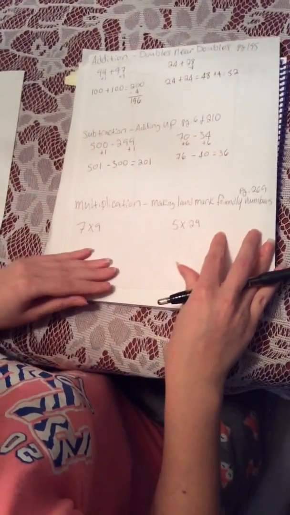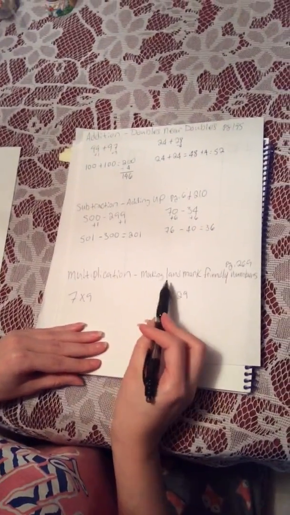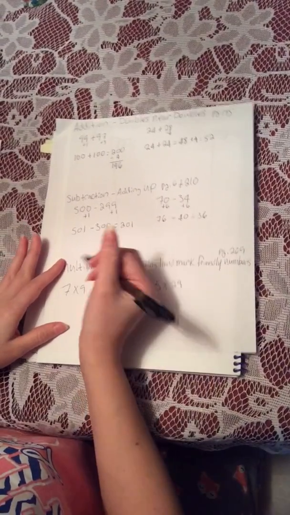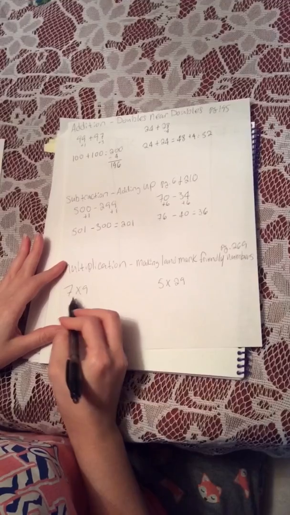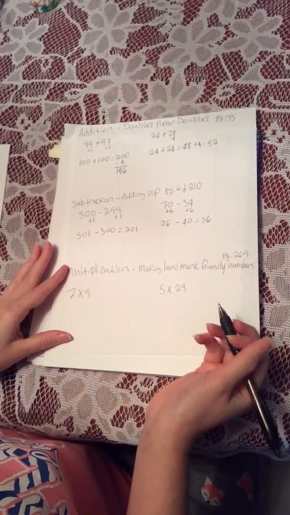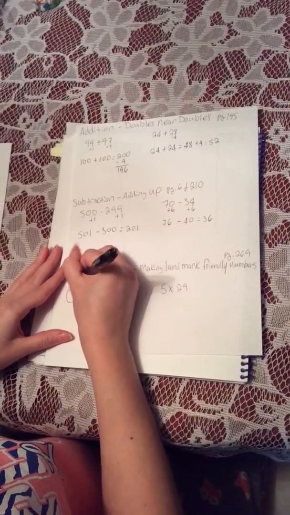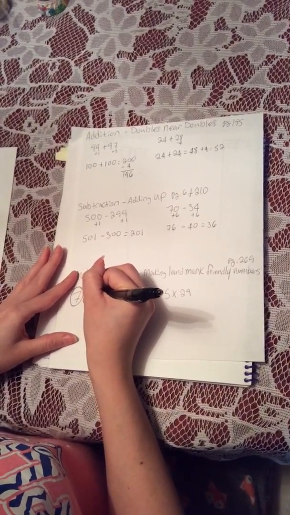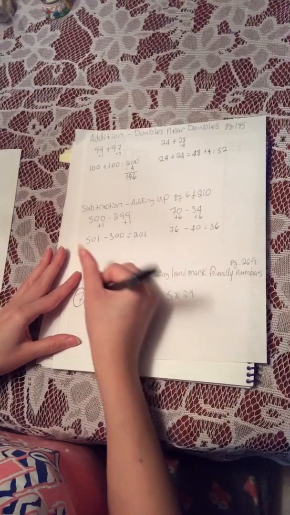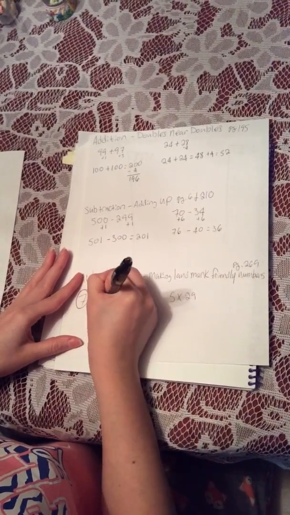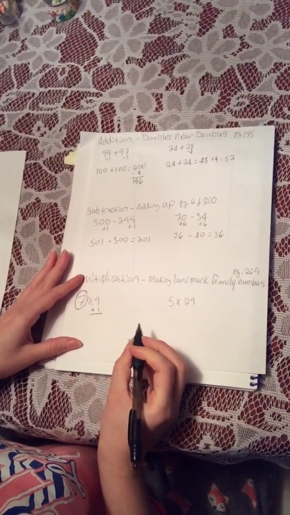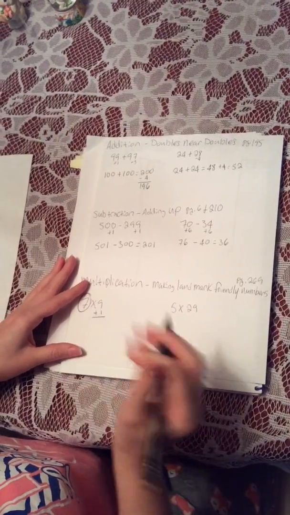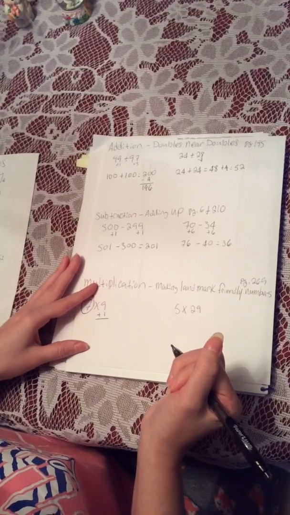For multiplication, making landmark friendly numbers is my strategy. My first problem is 7 times 9. I'm going to circle the 7 because that's the amount I'll take away, and I'm going to add 1 to 9, which means when I get my answer, I'll take one 7 away from the sum.